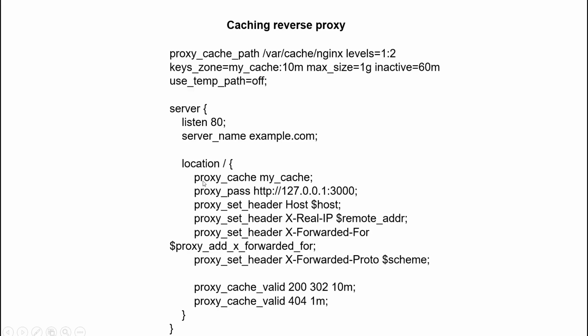Also in the location, proxy_cache my cache. What is my cache? Proxy path to your backend server IP address. These are all necessary. Proxy cache valid is 200 for a set time, and for page not found it is valid for 1 minute.